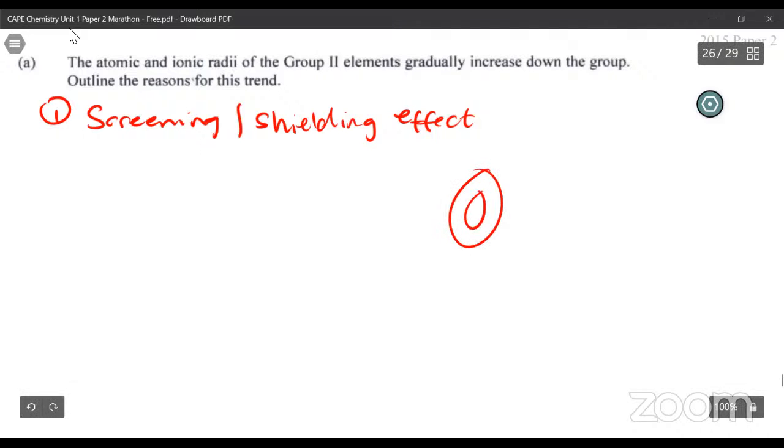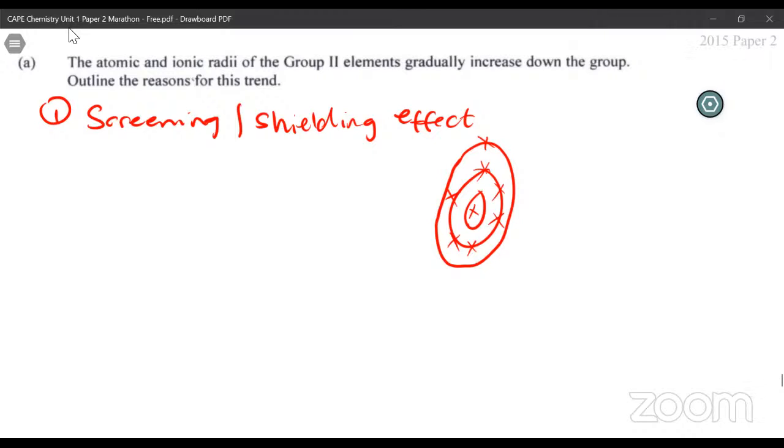By adding a shell, the inner shells are filled, and the electrons there shield the outer electrons, or valence electrons, from the positively charged nucleus. Through this, the valence shell is allowed to spread a bit further away from the positive nucleus, hence as you go down, the atoms get bigger.